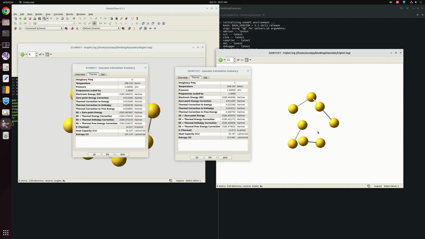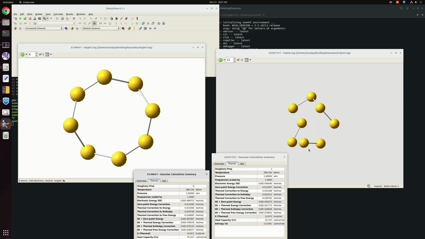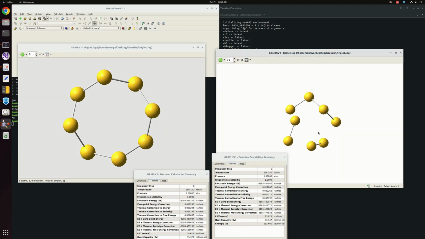Also, when we increase the multiplicity, that means we rearrange the electronic positions, and bond breaking has occurred. Here you see that 1, 2 and 3 bonds have been broken.